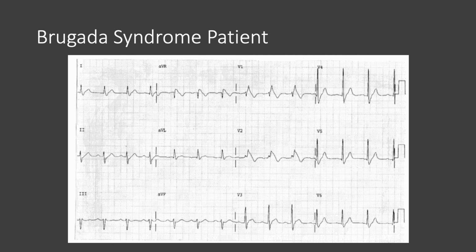It's about 9 times more common in men than women, especially some people of Southeast Asian descent. About 20% of cases are due to a mutation in the SCN5A gene, but it's estimated that the majority of cases are probably a polygenic disease.